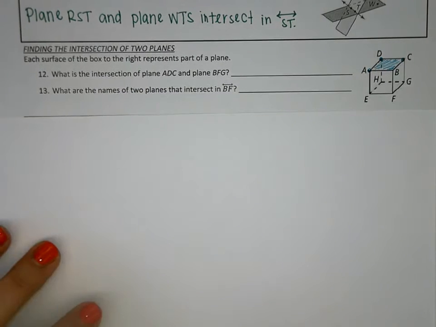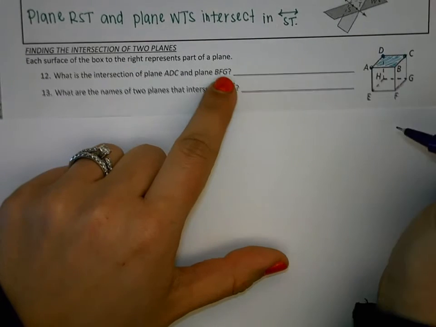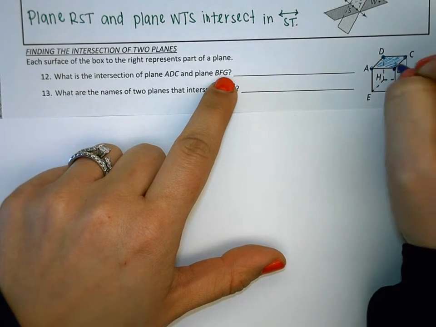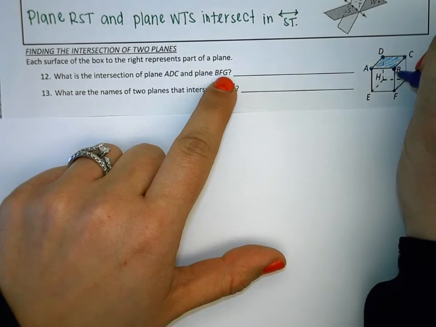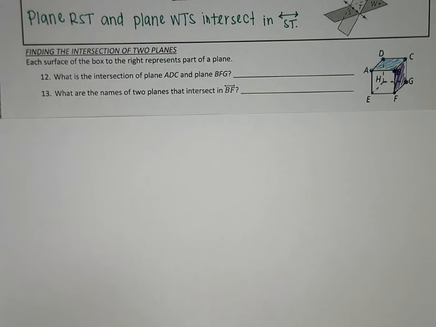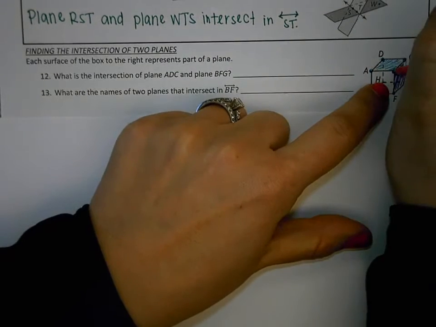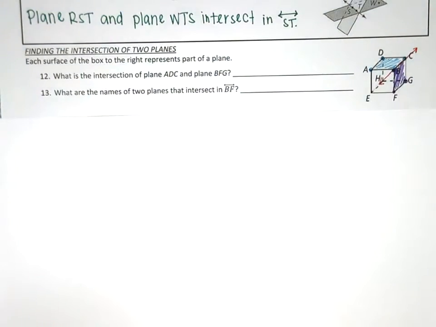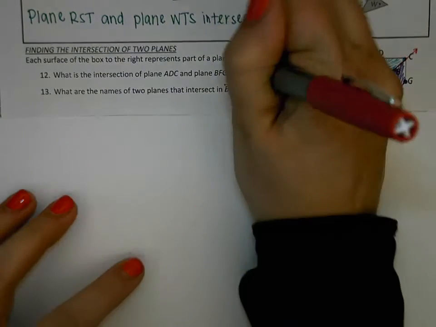And the plane BFG, so the plane here, B, F, and G, which is this plane here, they intersect. Where do they intersect? Do you guys see the corner where they intersect? So right here on this edge, that's where they intersect. So draw the line. So the name of the line where they intersect is line BC or CB.